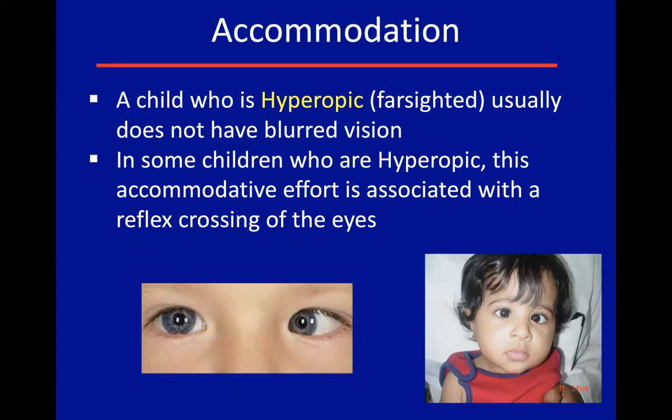So a child who is hyperopic, which we call farsightedness, usually does not have blurred vision, because they weren't looking. But in some children who are hyperopic, this accommodative effort to be able to look at near objects is associated with a reflex crossing of the eye.